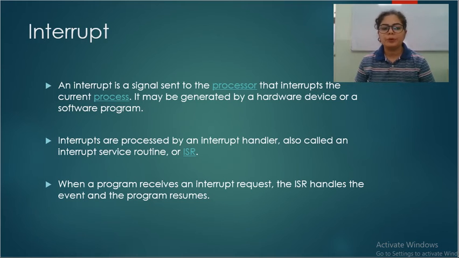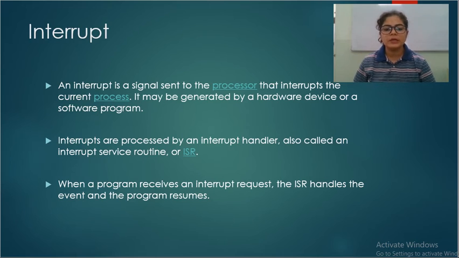Interrupts are processed by an interrupt handler, which we also call an interrupt service routine, or ISR. Whenever a program receives an interrupt request, the ISR handles the event and the program resumes.